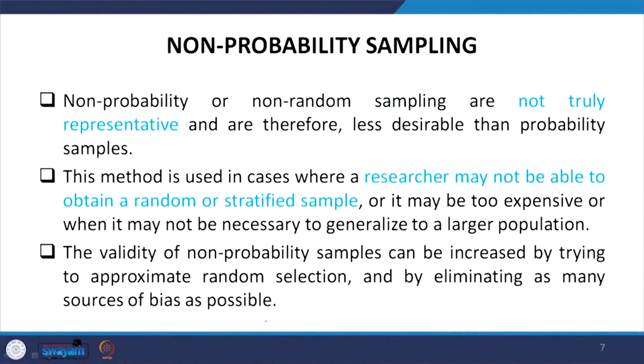This method is used in cases where the researcher may not be able to obtain a random or stratified sample. It may be too expensive. Actually, if you want to generalize, it is also expensive, because you have to consider a larger sample size. But in this case a particular group, particular behavior, particular cases are tested.